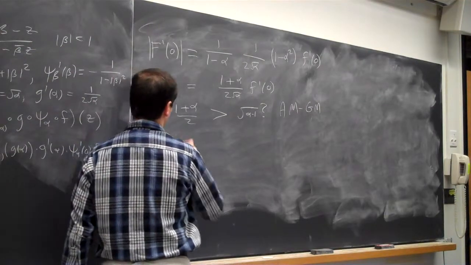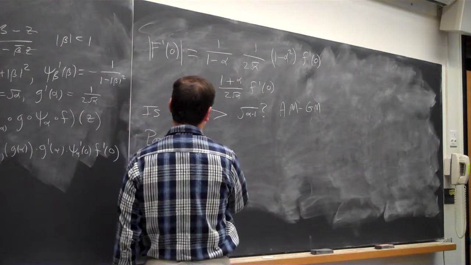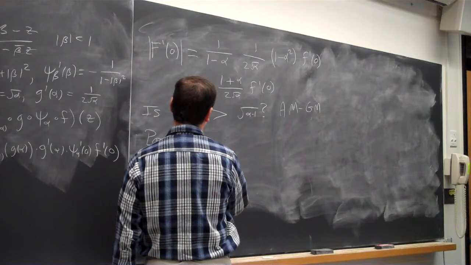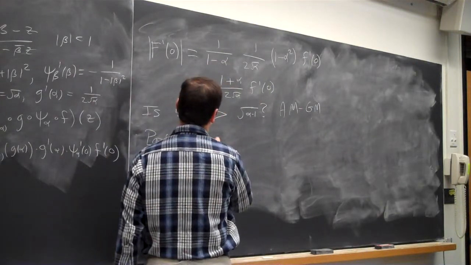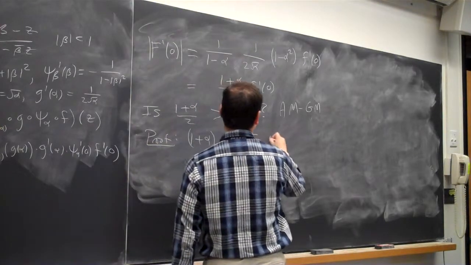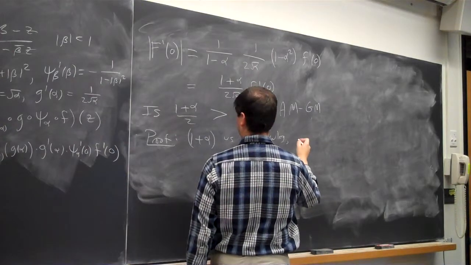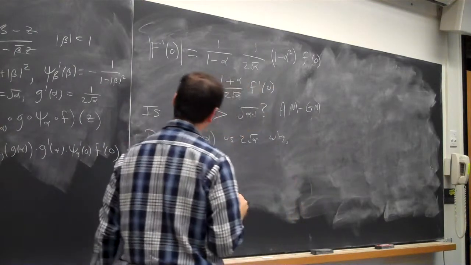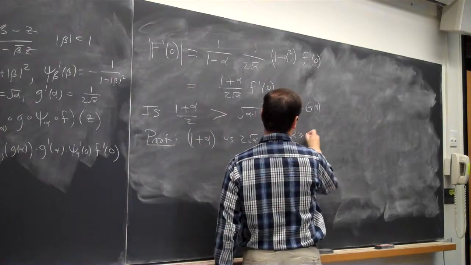there's lots of different proofs. Let's look at 1 plus alpha versus 2 square roots of alpha. And without loss of generality, we can assume alpha is greater than or equal to 0.